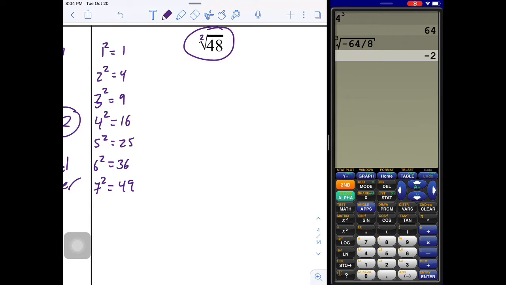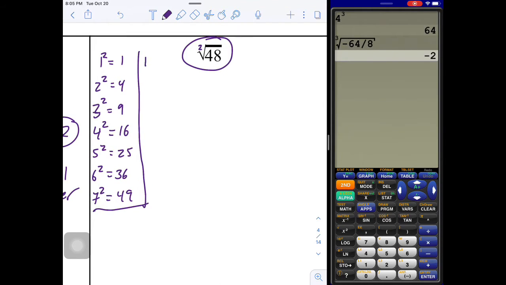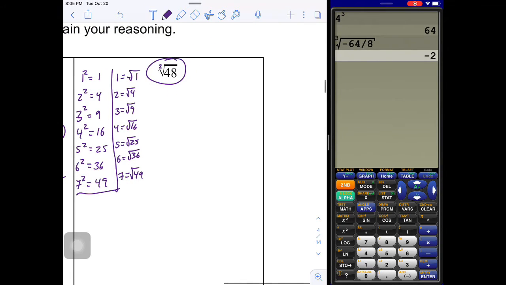So here, remember, we can write it a little differently. We can write it as 1 equals square root 1, 2 equals square root 4, 3 equals square root 9, 4 equals square root 16, 5 equals square root 25, 6 equals square root 36, and 7 equals square root 49. So these are perfect squares.